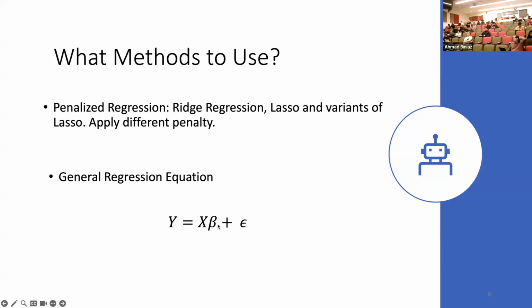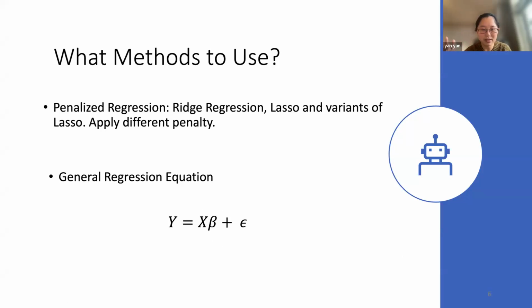By applying different penalties, we're trying to limit the number of genes having coefficient values or contributions to the X. So that's from the theoretical part, why that makes sense.